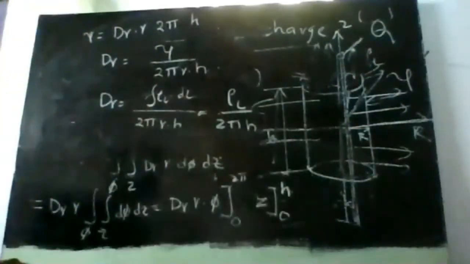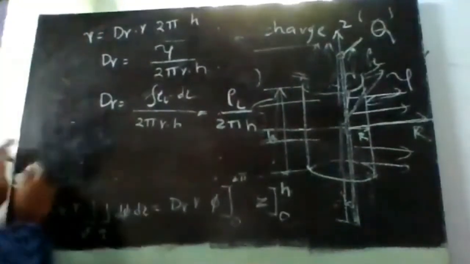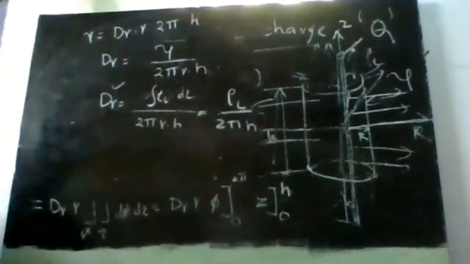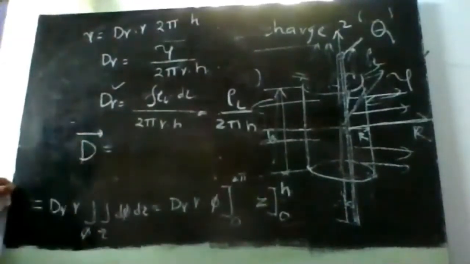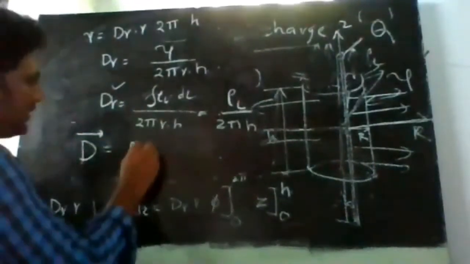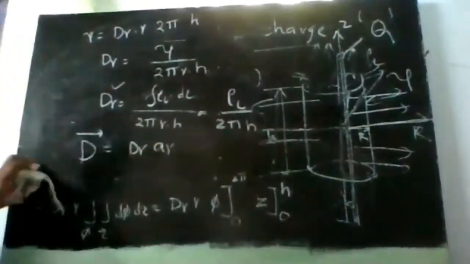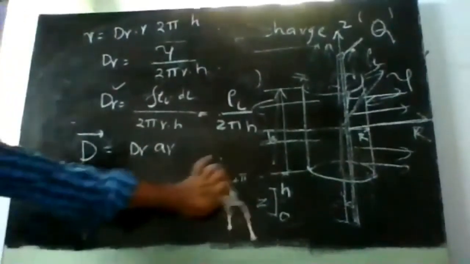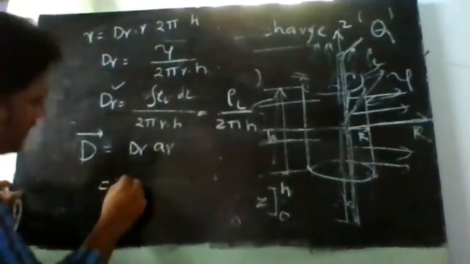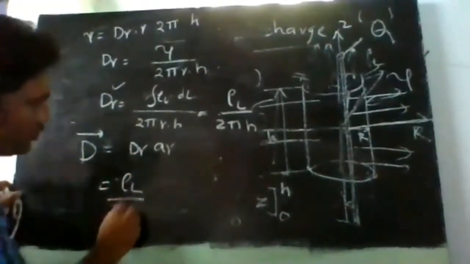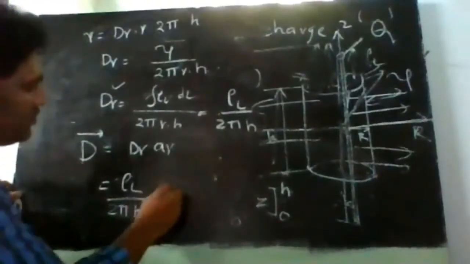This is the magnitude of Dr, so the flux density D bar can be written as Dr into aR, which is equal to rho l by 2 pi r into aR bar.